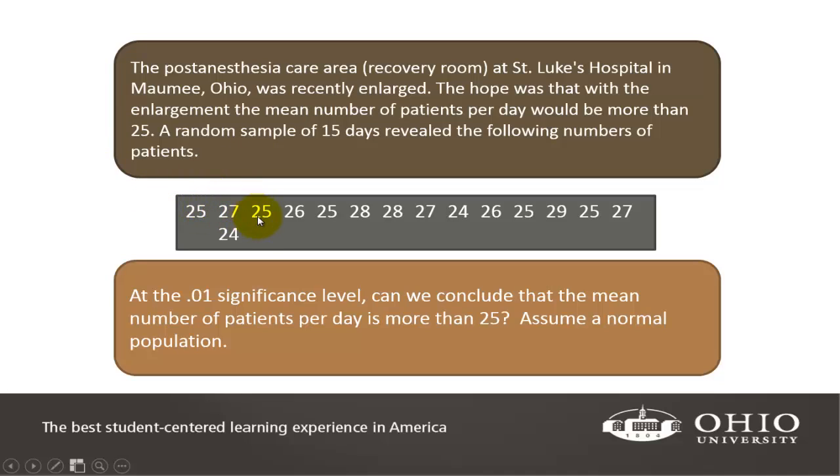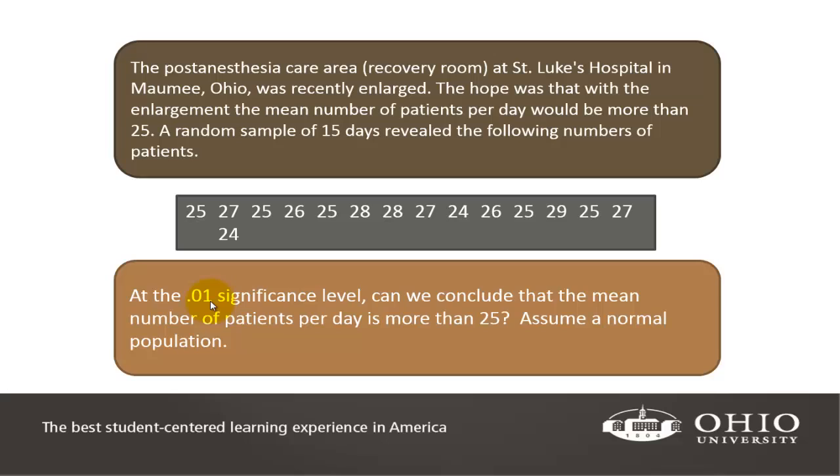The data is given to us here. These are the 15 values, 15 days that we collected the data, and we're going to use a level of significance of 0.01. We are assuming that the population from which we're extracting the sample is normal. If you recall, in our last video, we talked about two different possible test statistics if you take a sample on a single population and want to test a hypothesis on the mean.